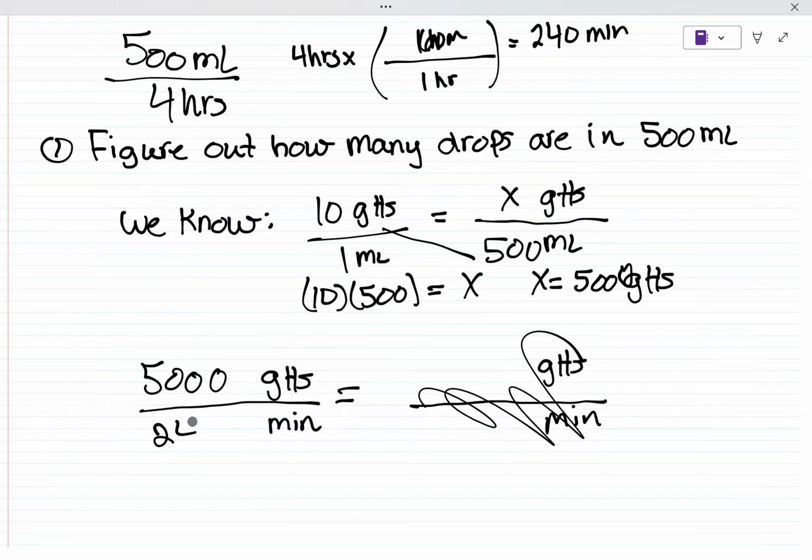So 5,000 over 240 is going to be 20.833, but if you round it to the nearest whole number, it's 21 GTT per minute.